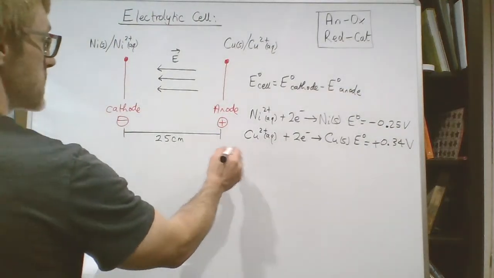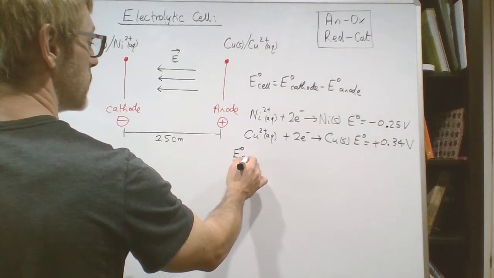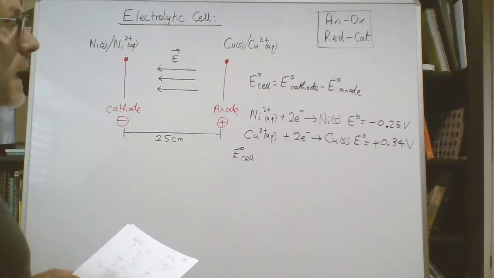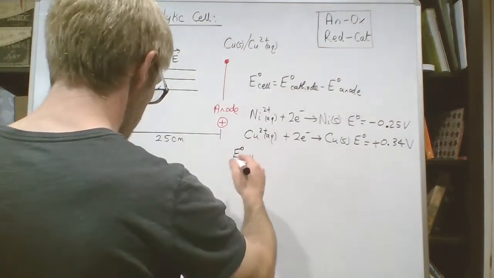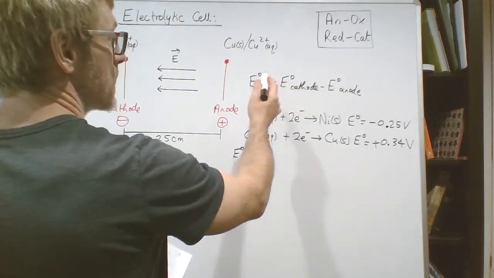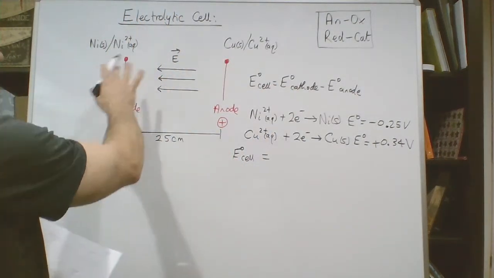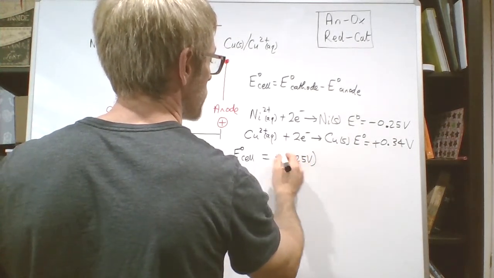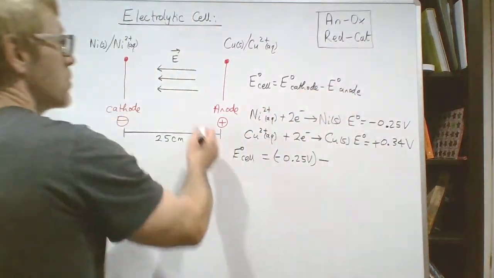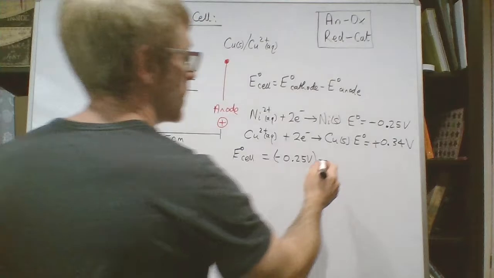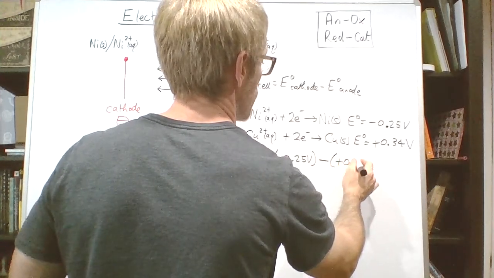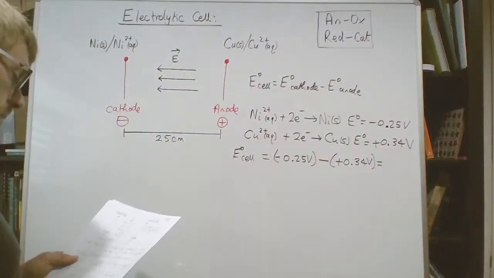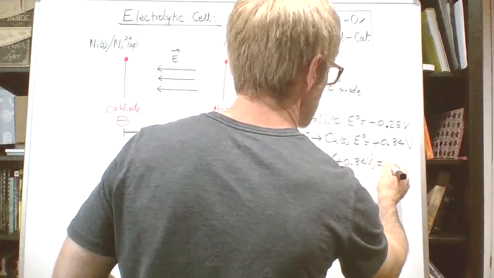Okay, so on this occasion we know that E standard cell, or the voltage in this, which we know a priori must be negative because it's an electrolytic cell, is going to be the cathode value, which is the nickel value, which is negative 0.25 volts, minus the anode value, which in this case is the copper value, which is plus 0.34 volts, which here, if we sum that together, is negative 0.59 volts.